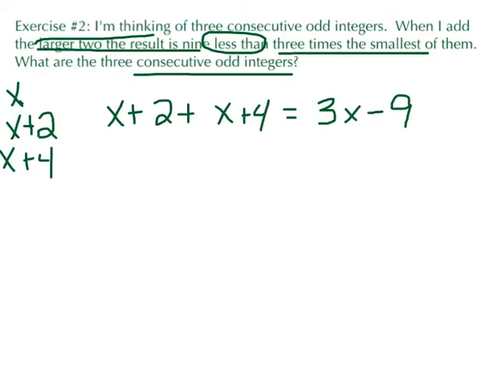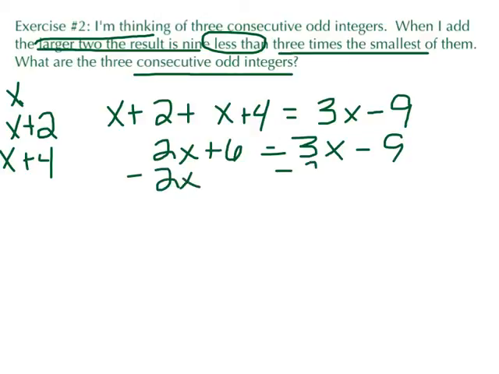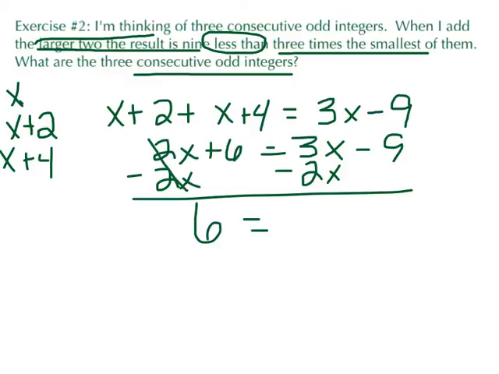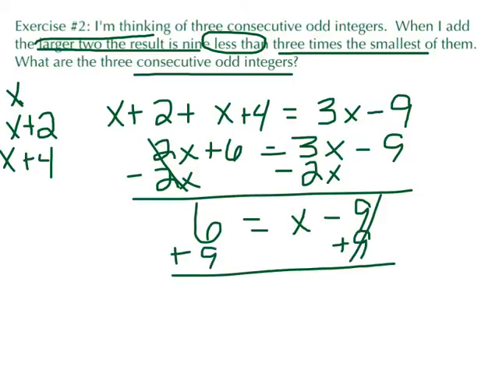Same thing, do my basic arithmetic: x plus x is going to be 2x, 2 plus 4 is 6. And then continue to solve this equation just like you've learned. Minus 2x on both sides. Add 9 on both sides.